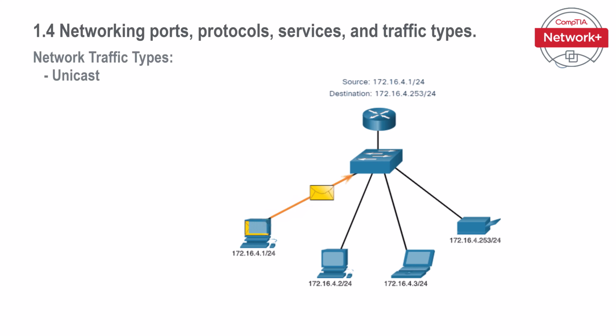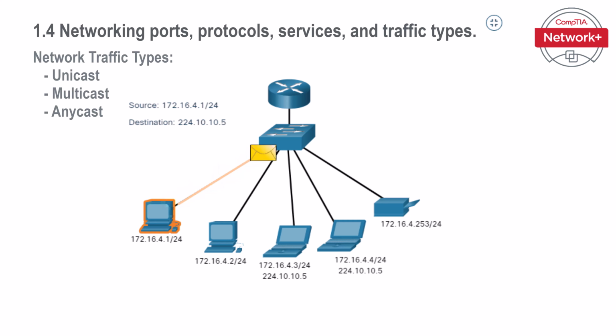For example, when you access a website, your computer sends a unicast request to the web server, which responds with the requested web page. Multicast, on the other hand, involves sending data to multiple recipients who are part of a specific group. Streaming services and online gaming often use multicast to efficiently deliver data to multiple users at once without sending separate copies to each recipient.